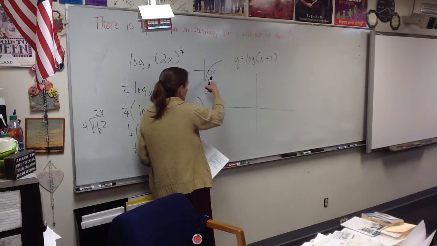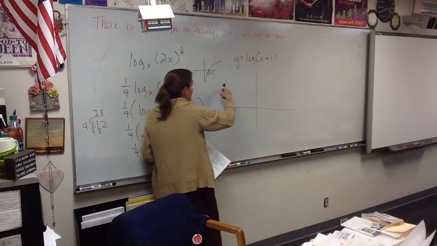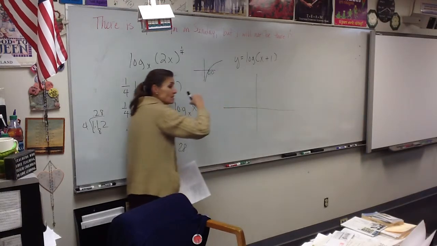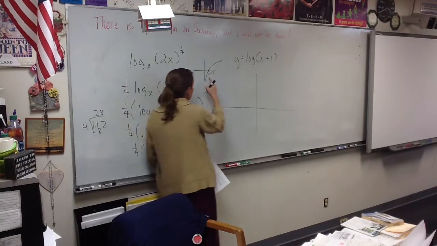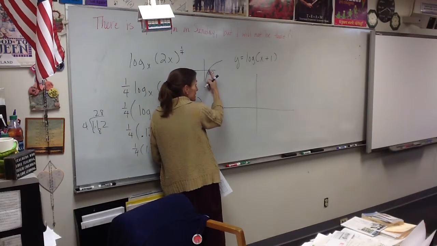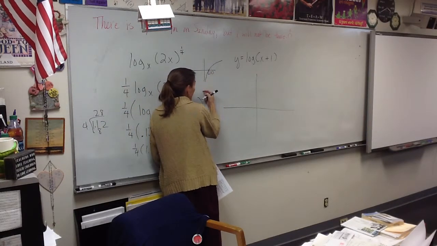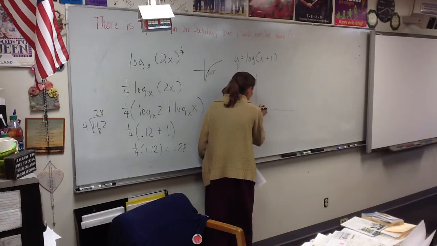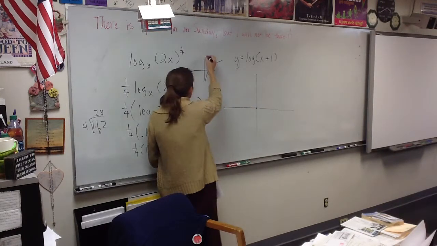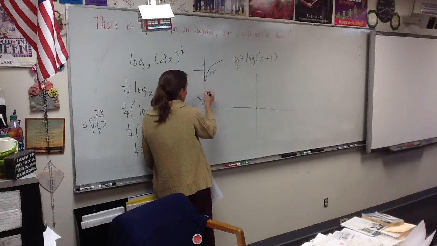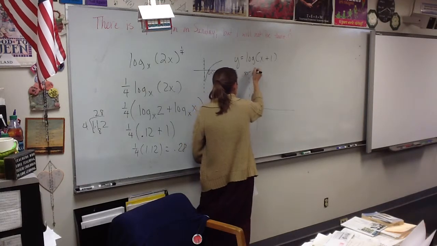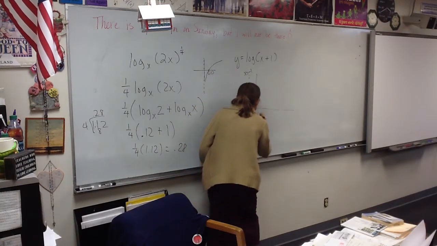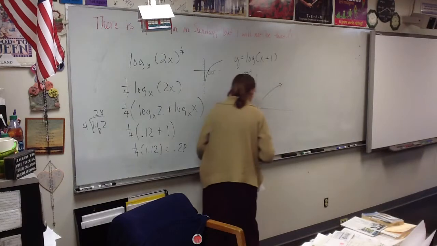We've taken that picture right there, that's the base picture, and we did this. What does that do to it? Moves it to the left 1. So instead of that dot being at 1, 0, that dot now is going to be at 0, 0. And instead of the asymptote being at 0, it's now going to be at -1. So there it is.